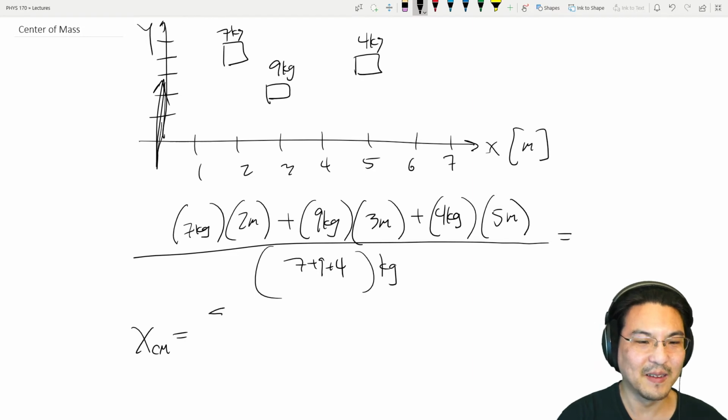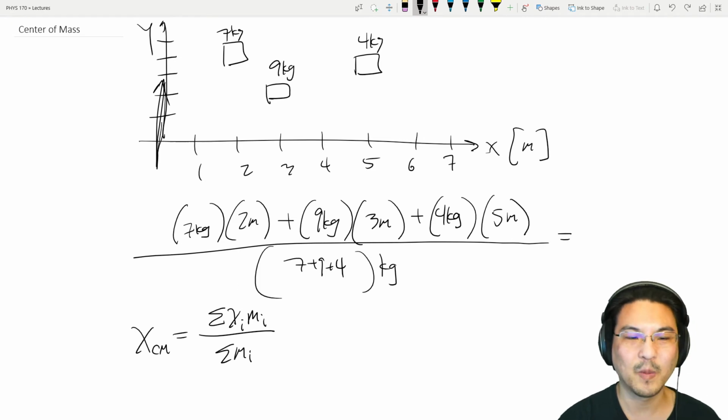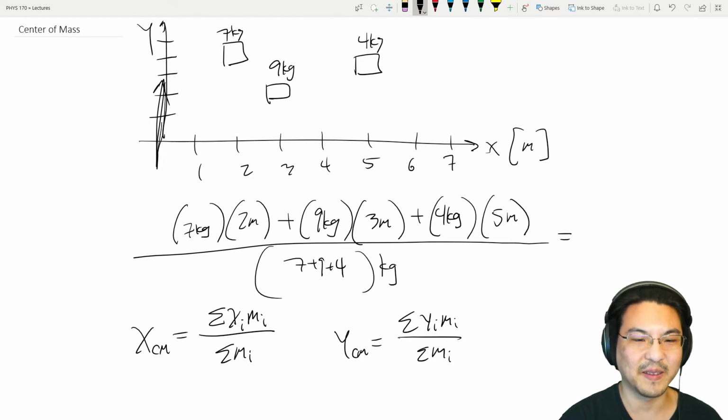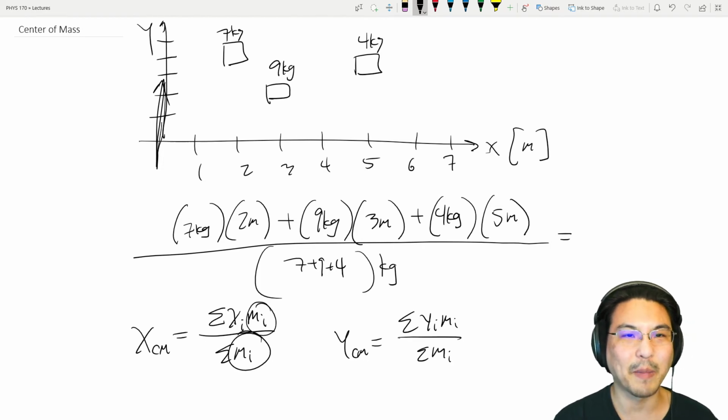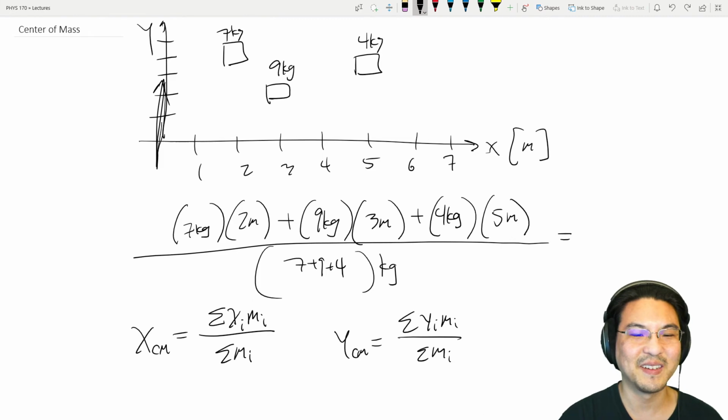You just add each position times the mass, like this. This is the x component of the center of mass, and this is the y component. Again, this is mass weighted. I could always change that to area, which would be the area weighted mean position, or dollars, the dollar weighted mean position.